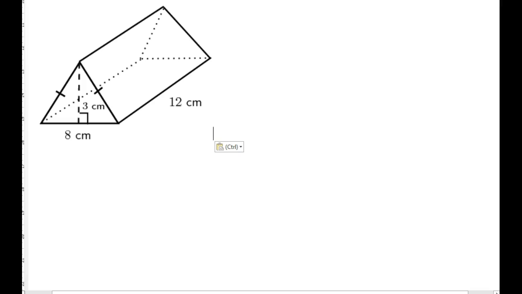All right, so when we look at this particular figure, I can tell that it's a triangular prism. And so I'm going to remember that its volume is going to be equal to the area of its base times the height of the figure itself. And maybe we'll make that capitalized so that we can distinguish which height we're talking about. So, well, what is my base in this case? Well, the base happens to be this triangle right here.